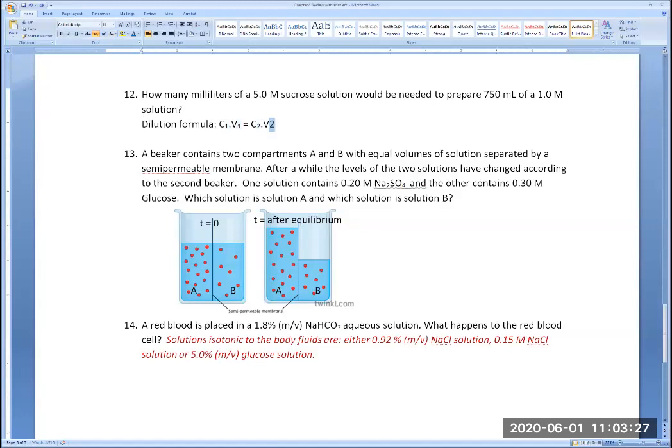And so the tricky part when you are using this formula is to give the proper value to the proper variable, right?